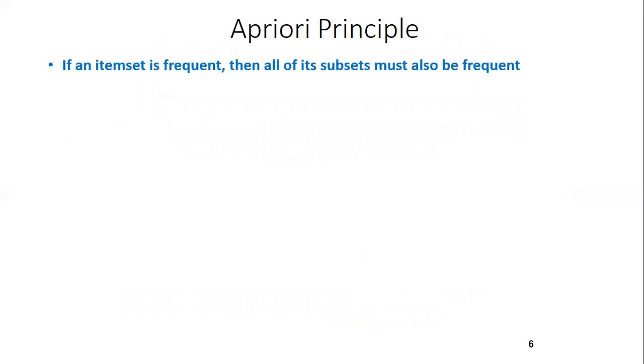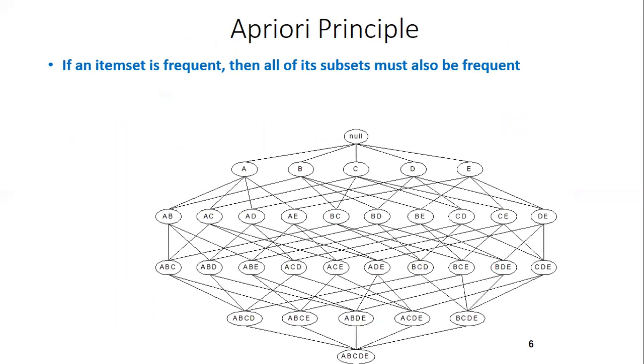So what is the Apriori principle? It says if an item set is frequent, then all of its subsets must also be frequent. Let us say AB is a frequent item set.